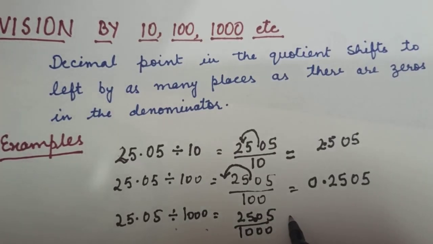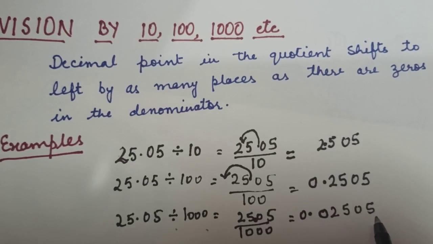So now we will get the quotient 2505, but here we had 2 decimal places and 1 extra 0. So this 0 will come before the number. So we will get here 0.02505. So what we did, we shifted the decimal 3 places towards left. So we get this number. I hope you understood.